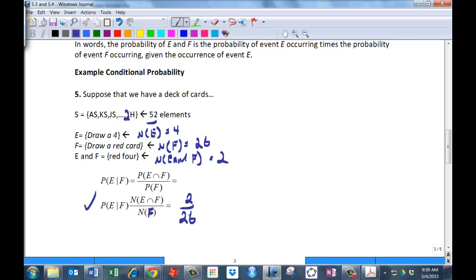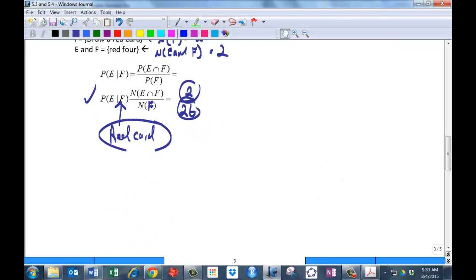Okay, so we're essentially just taking the sample space and reducing down to only the new information, which is a red card. Okay, and out of the red cards, how many of those are 4s? Well, 2 out of the total red cards of 26, and that's the probability.